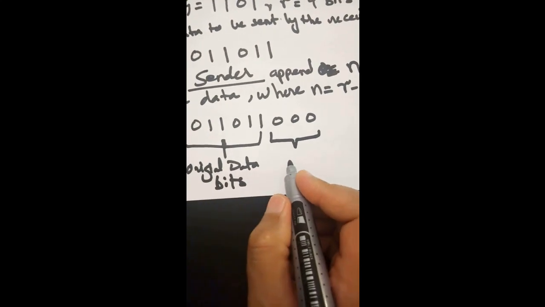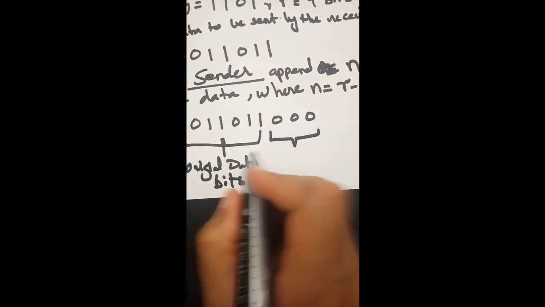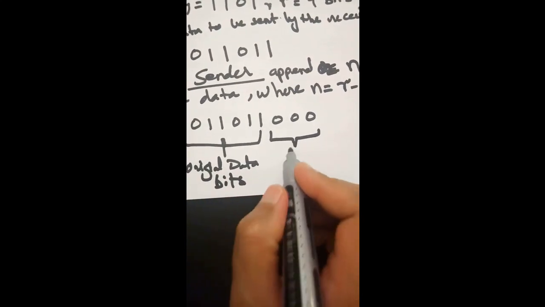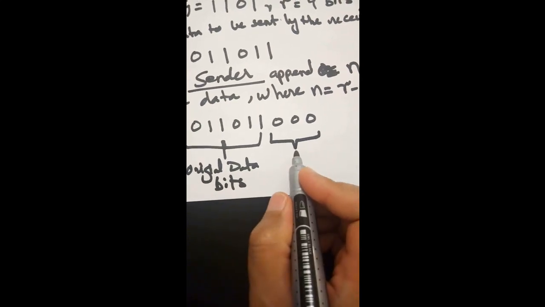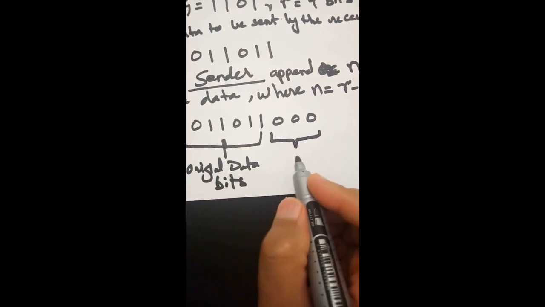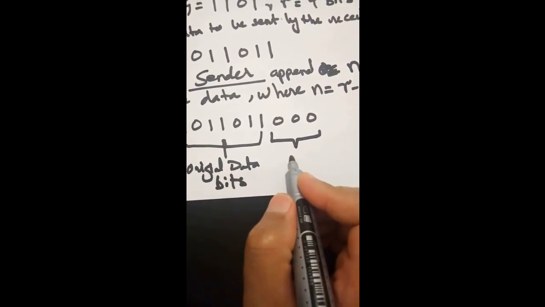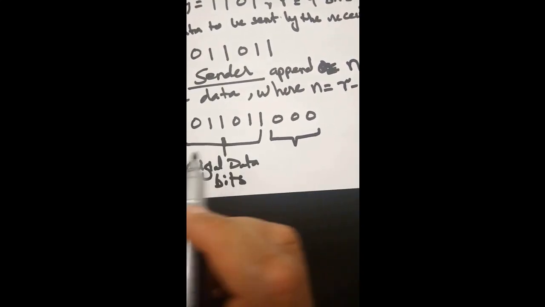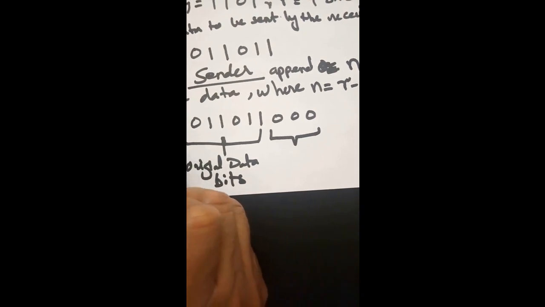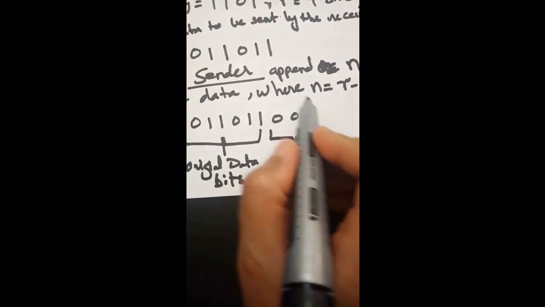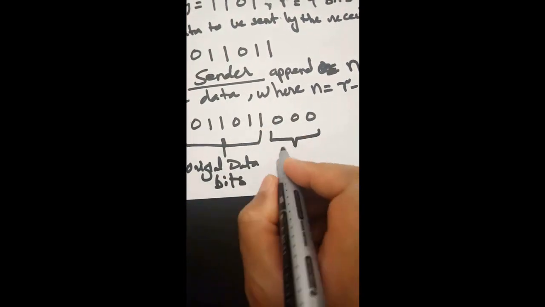This process is done at the sender end, before transmitting the data. So this is how the CRC is computed. It's not finished yet, we are continuing. So now this bit string becomes this complete.